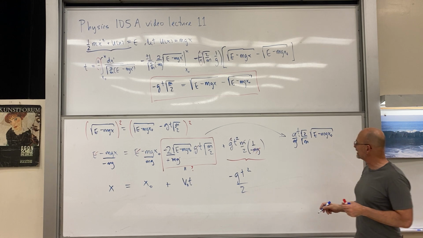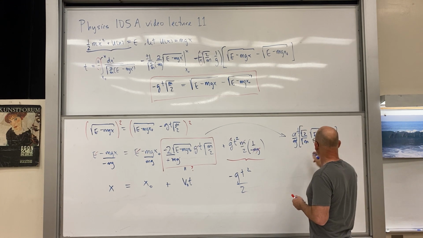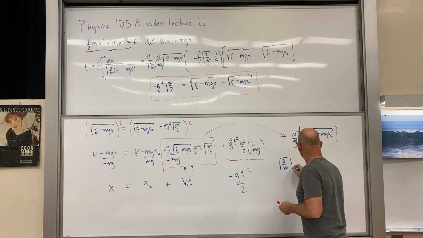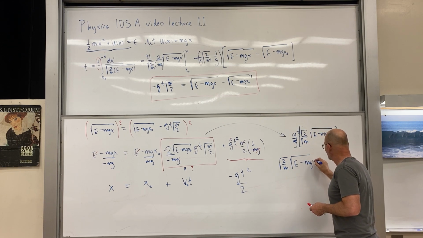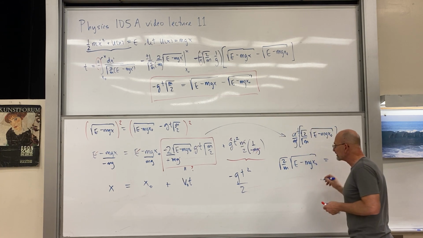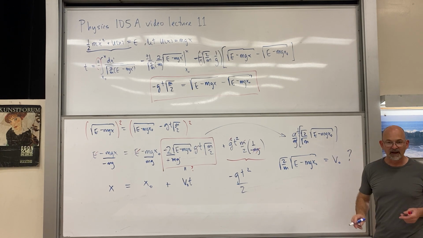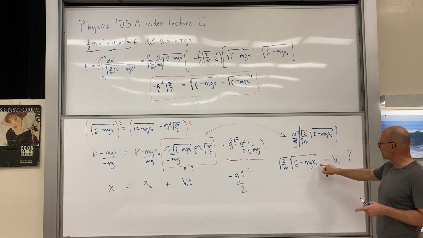Maybe the best way to deal with this now is to ask, is root 2 over m root E minus mg x0, is this equal to v0? Okay. And actually we can see what's going on now.